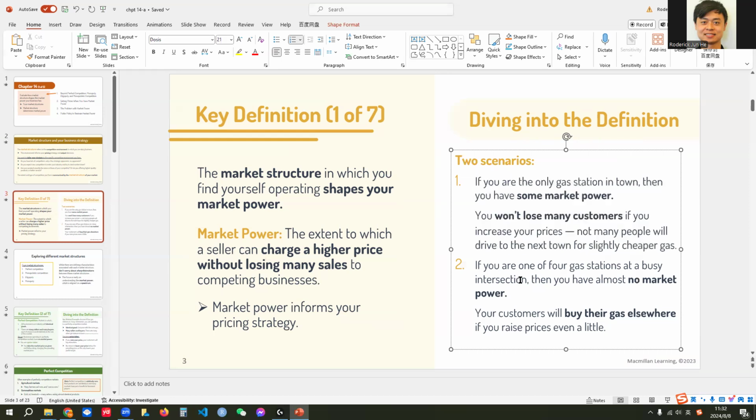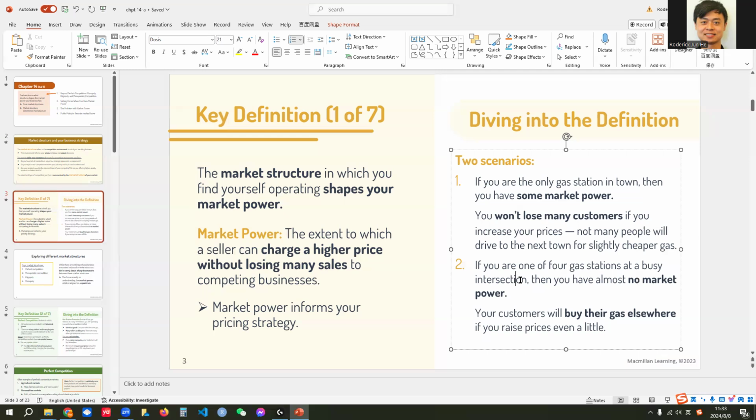And the second one: if you are one of four gas stations at a busy intersection, then you have almost no market power. Your customers will buy their gas elsewhere if you raise your price even a little. That is when your gas station doesn't differ too much from other gas stations. But say you offer special service, if you help them fuel their cars, or offer free coffee, as we see some gas stations do.